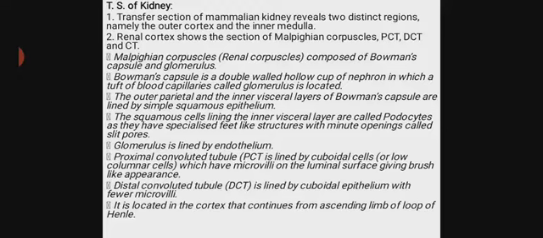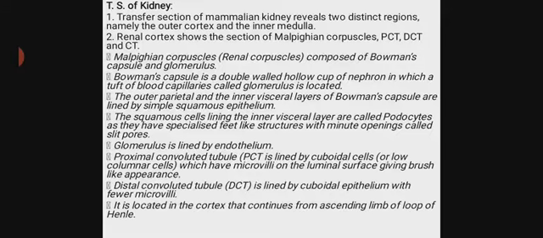That is a characteristic feature of the PCT, where on the inner lining you observe brush border cells, the hair-like projections, which facilitate the process of absorption. And the distal convoluted tubule is lined by cuboidal epithelium with fewer microvilli, the details of which I already showed you in the previous slide.